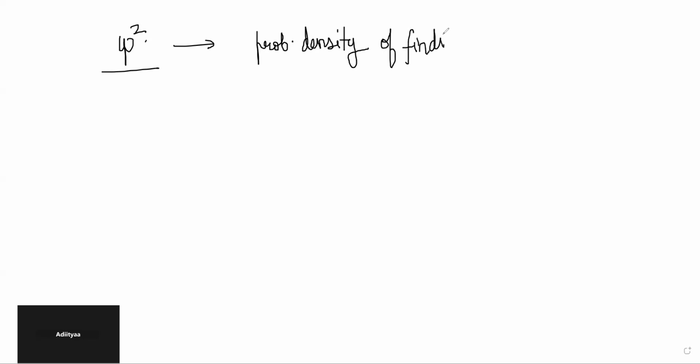By the way, the important meaning of the psi function that you need to realize is that the psi square tells us the probability density of finding the electron in a particular region. That is your orbital.